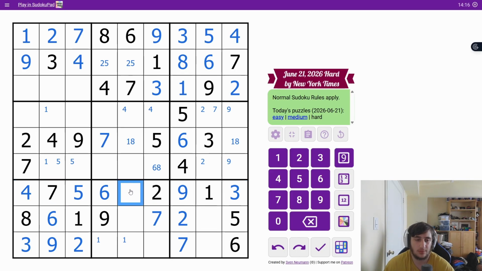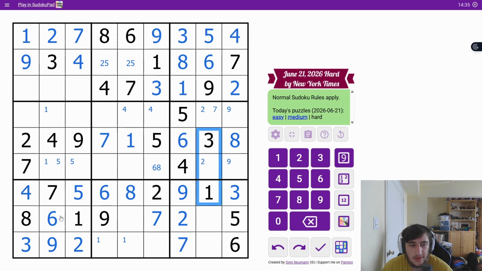This row 8. Making this a 1. This is an 8. This row, we still need a 3, so the 3 is there.